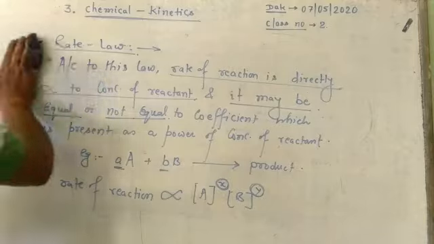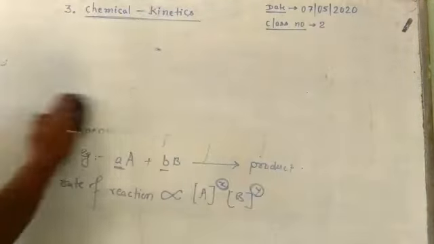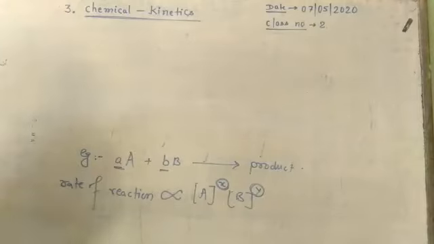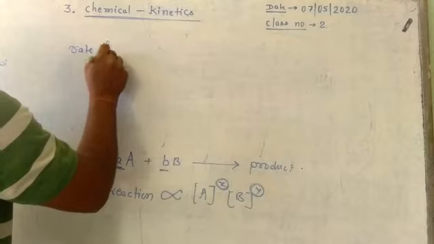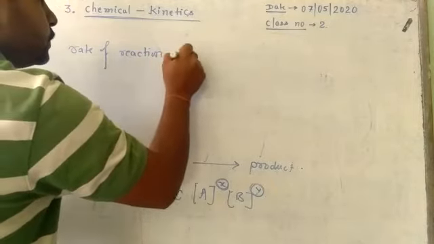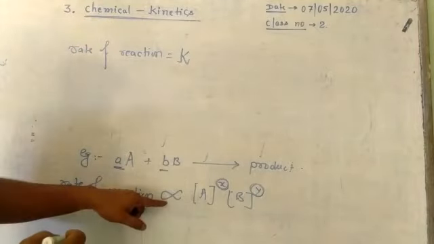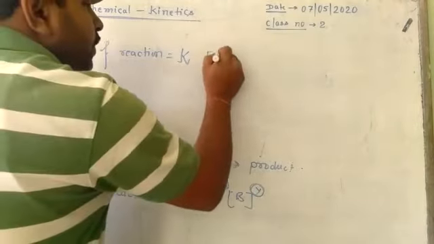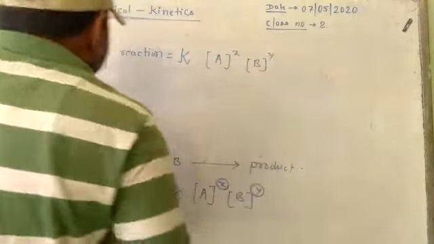Now rate of reaction equals k, A to the power x, B to the power y. Here k is the proportionality constant.